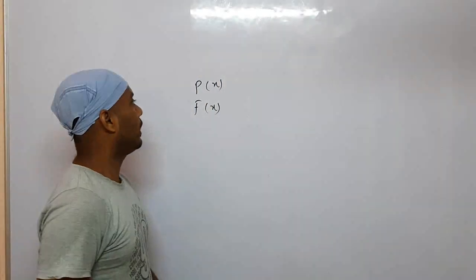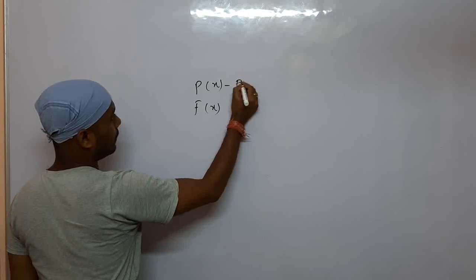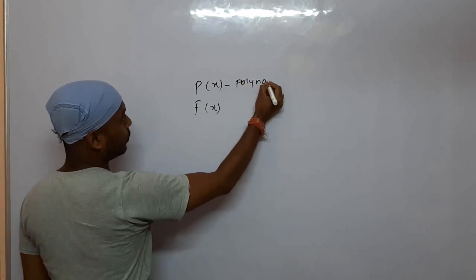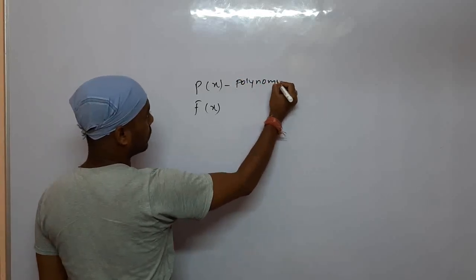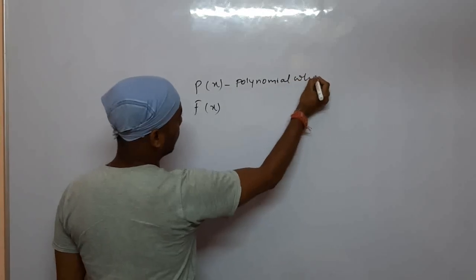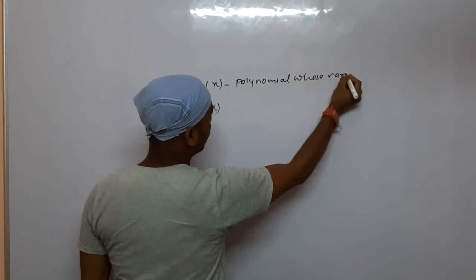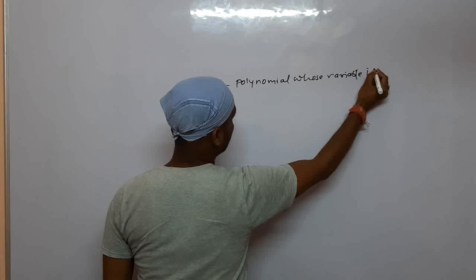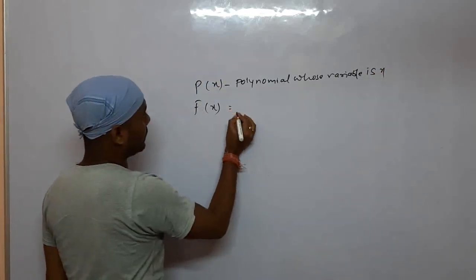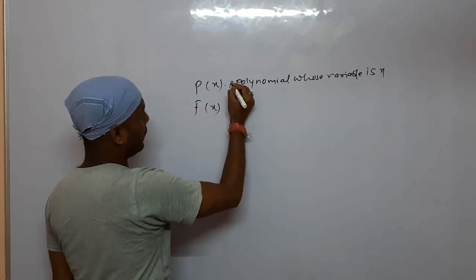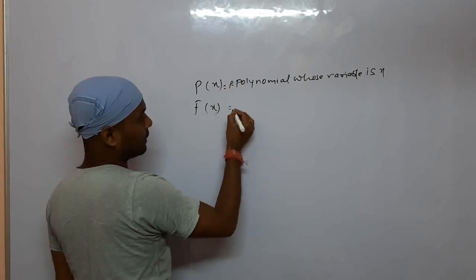Students, these words indicate a polynomial whose variable is x. This is the p polynomial, a polynomial whose variable is x.